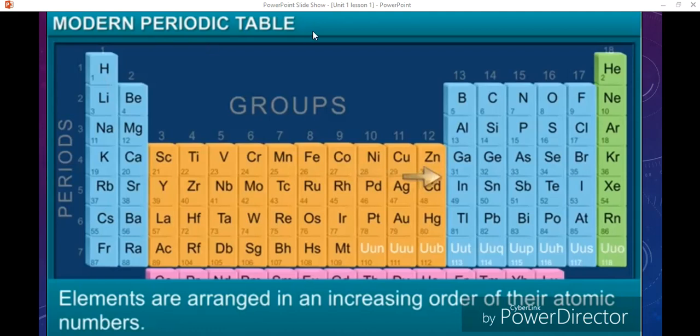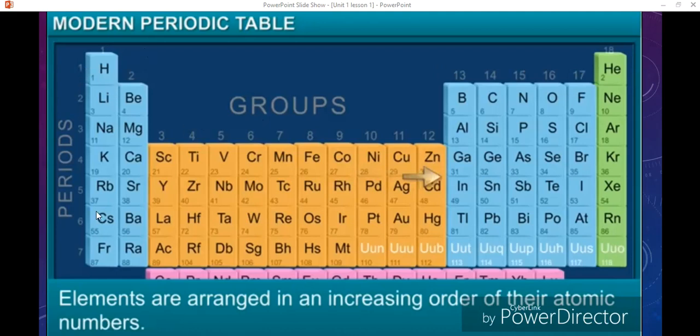And the modern periodic table has 7 horizontal periods. For example, the first horizontal period contains H and He, hydrogen and helium.